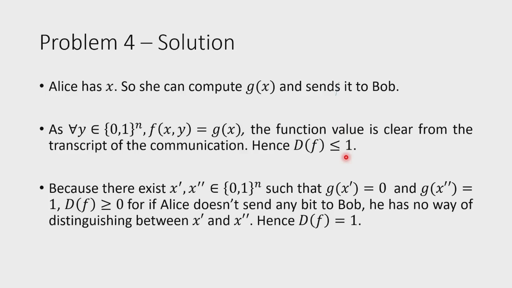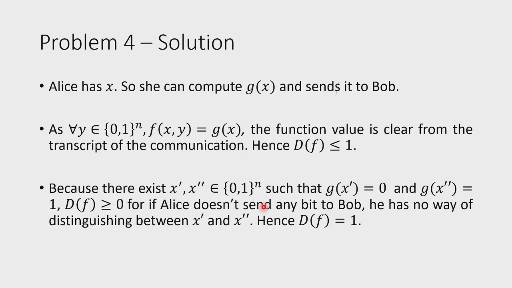But we still need to show that it's not 0. That's why, recall that there were two inputs, x' and x'', which had different function values. That's where those come in handy. Because there exist x' and x'' such that g(x') is 0 and g(x'') is 1, the communication complexity of f must be greater than 0.